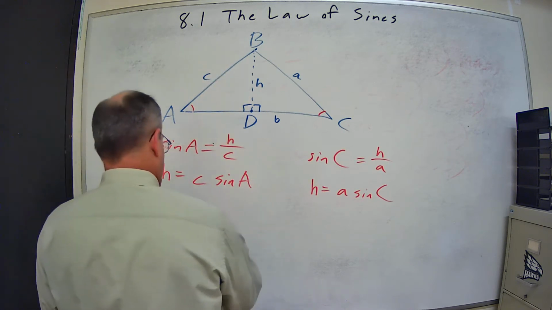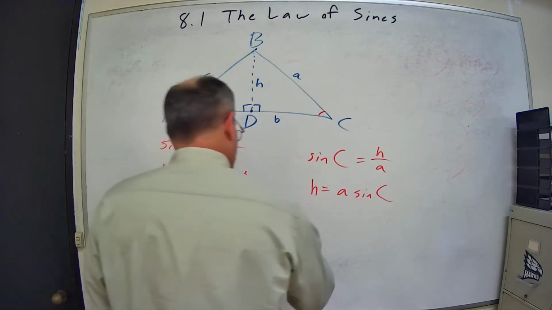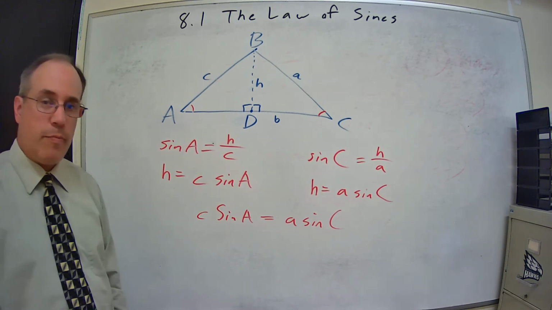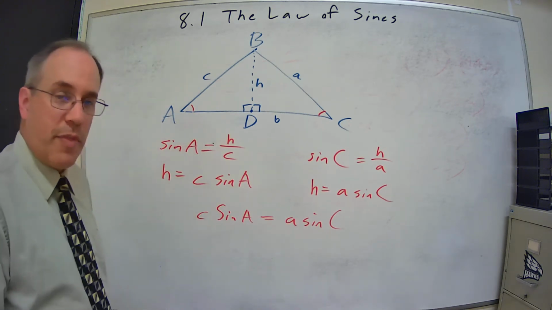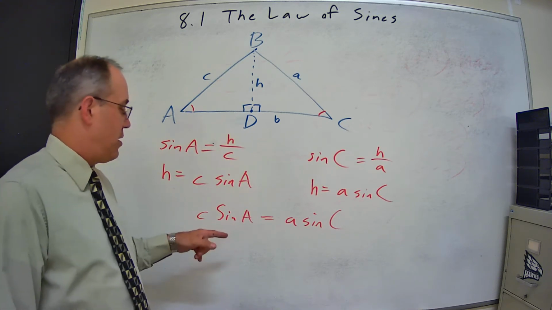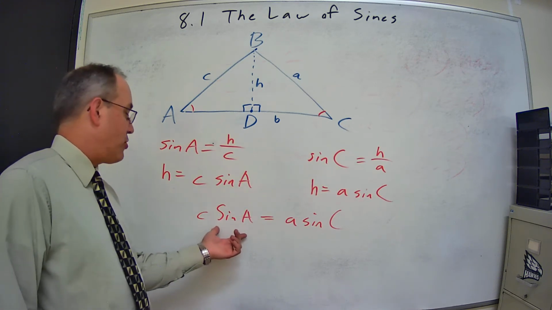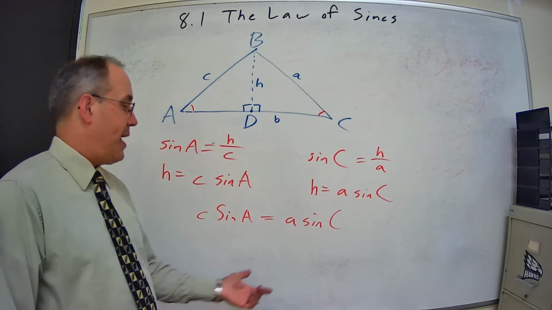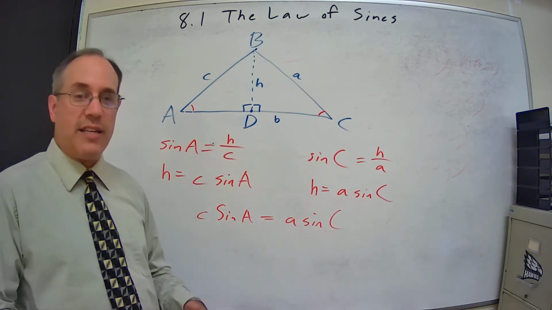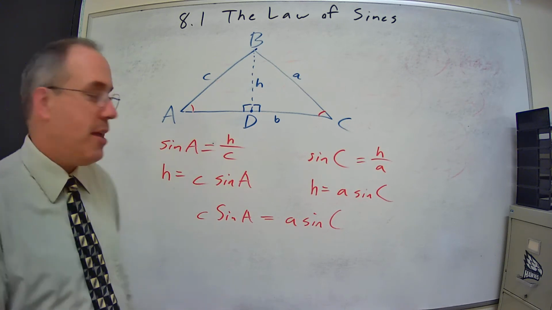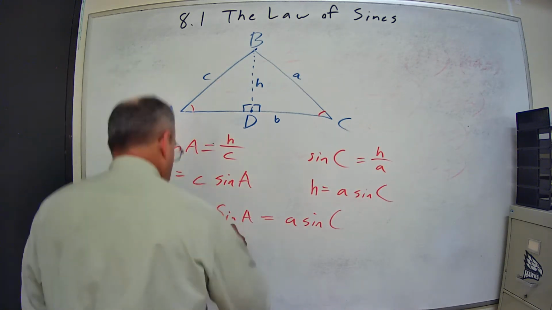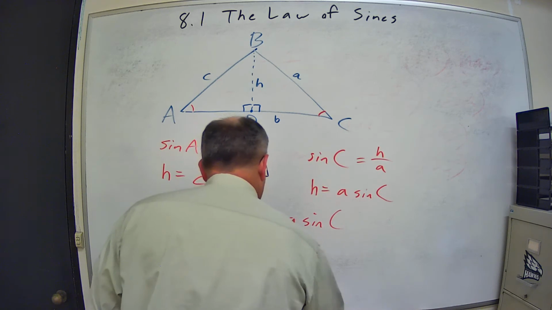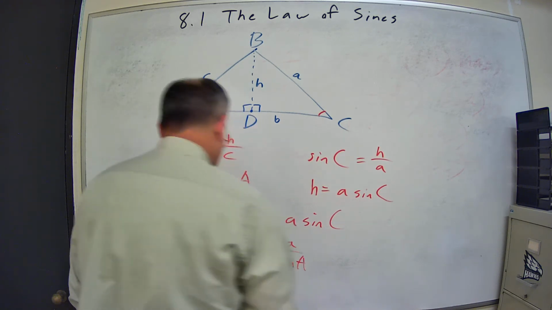So I can say that C sine of A is equal to A sine of C. And if that's the case, I can divide both sides by sine of A to get that out of this side, and I can divide both sides by sine of C. So basically I can divide by sine of A, sine of C. If I do that, then I end up with C over sine of C is equal to A over sine of A.